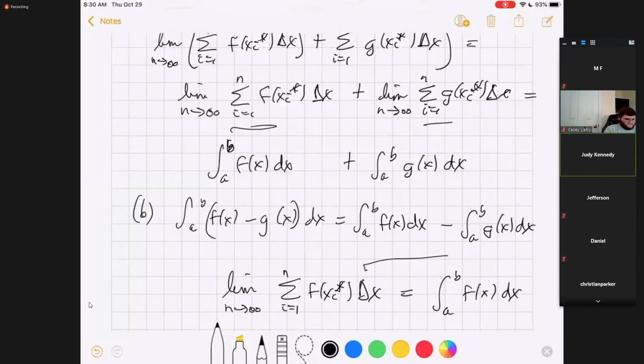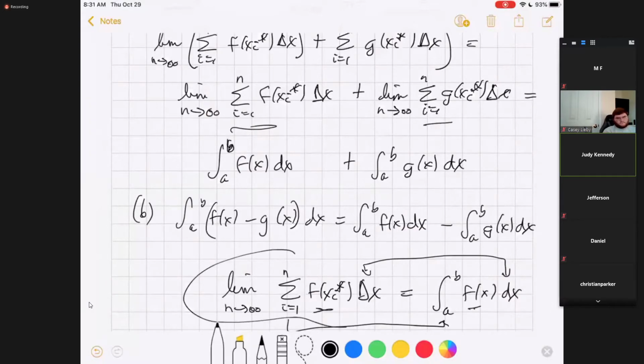The delta x here becomes the dx over there, and this sigma becomes that funny s. Then the a and the b are the endpoints of the interval you were dividing up into subintervals, and of course you've got your function inside. I think that's a nice notation because it keeps all the pieces. Anyway, that was an aside.